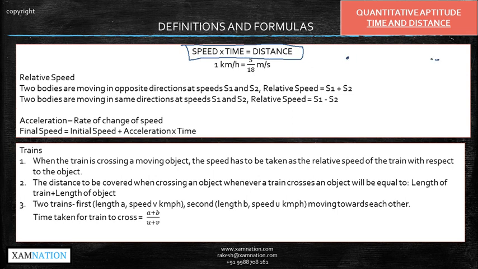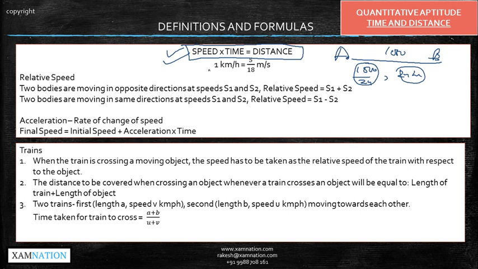So between Delhi and Mumbai, the distance is 1000 kilometer, the speed for the train is 1000 by 24 kilometer per hour, and the time taken is 24 hours. So speed into time, this product is equal to the distance covered from one point to another point. Fine. So this is the most important formula that you need to remember.